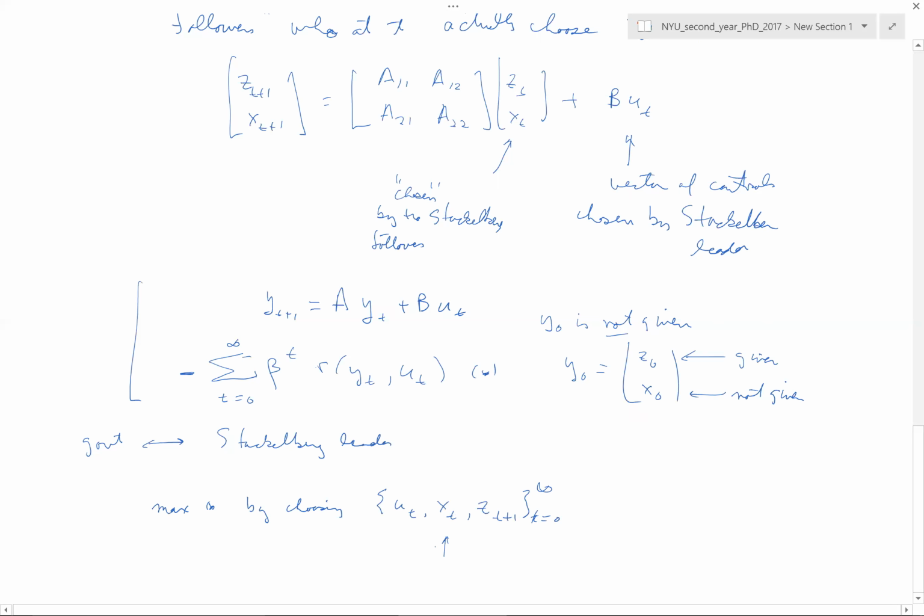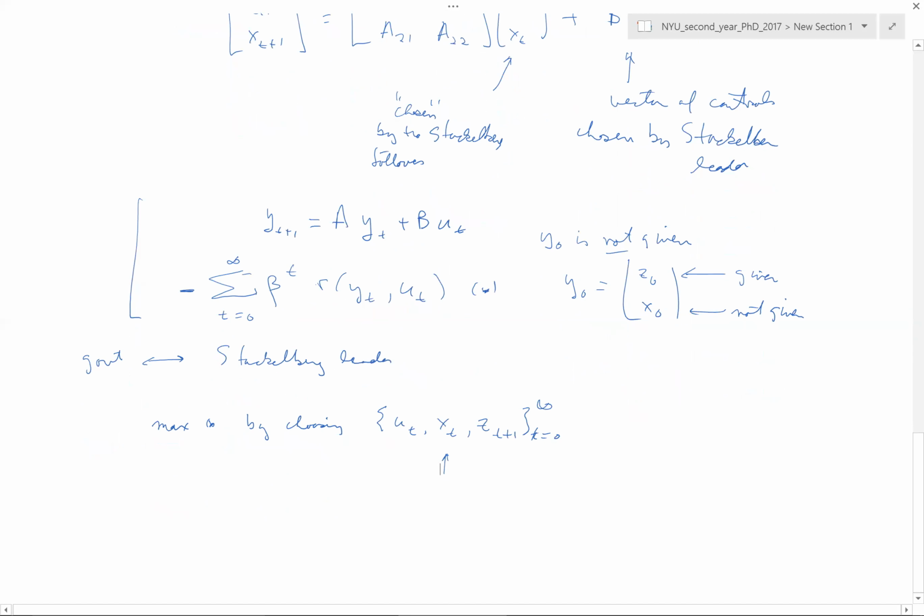the current x(t). Now you could say, wait a minute, but you thought that x(t), I already said this, that whole sequence was chosen by the followers. Now I'm saying that the government or Stackelberg leader chooses it.